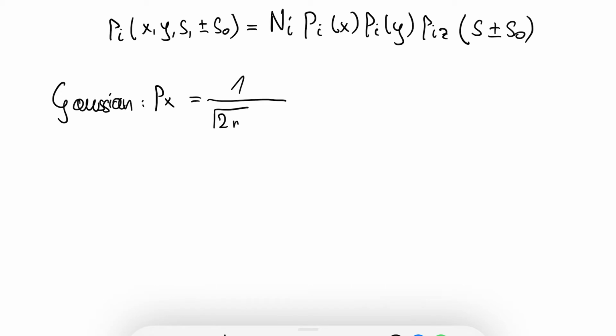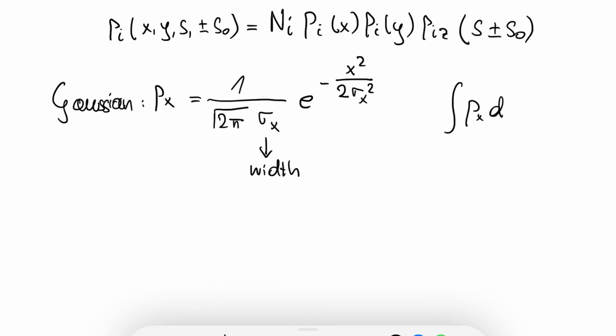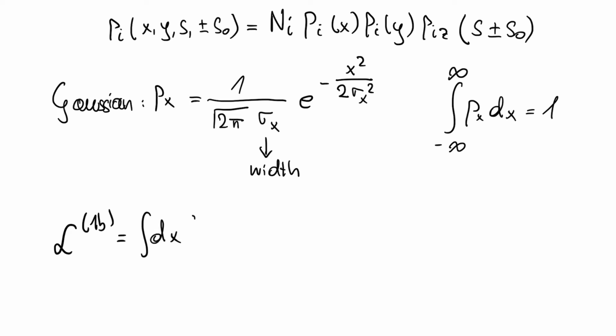So the x, the y, and the z distribution are given by a Gaussian normal distribution with a Gaussian width of sigma x in the x direction, and the normalized density is 1 over square root of 2 pi times sigma x times e to the minus x squared divided by 2 sigma x squared. And the prefactor makes this density integrate to 1 over its support, which is the whole x range. And similarly for the other dimensions in y and in z, which we call s here.